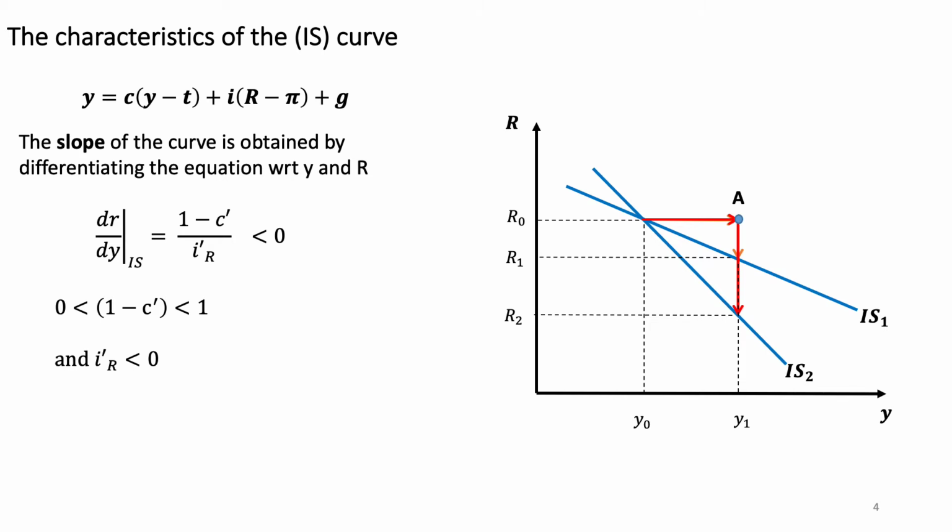So overall, the larger the slope of IS, in other words, the steeper IS is, the less sensitive the investment is to the interest rate. Another way to say the same thing, the more IS is flat, the more sensitive the investment is to the interest rate.